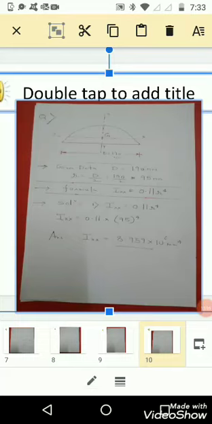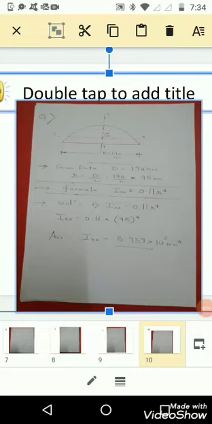D is equal to 190 mm. The formula is Ixx = 0.11 r raised to 4. You substitute the value: Ixx = 0.11 into 95 raised to 4.